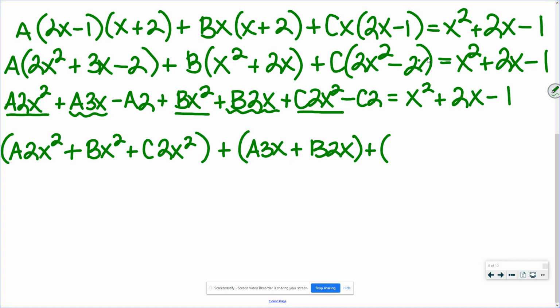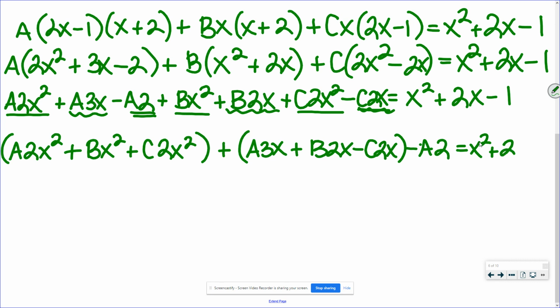I made a mistake up here. This should be an x. Ooh, that was close. Okay, let me fix this. So minus C2x, there we go. And then I have just this A2 here. That's the only constant term. So that'll go on its own.